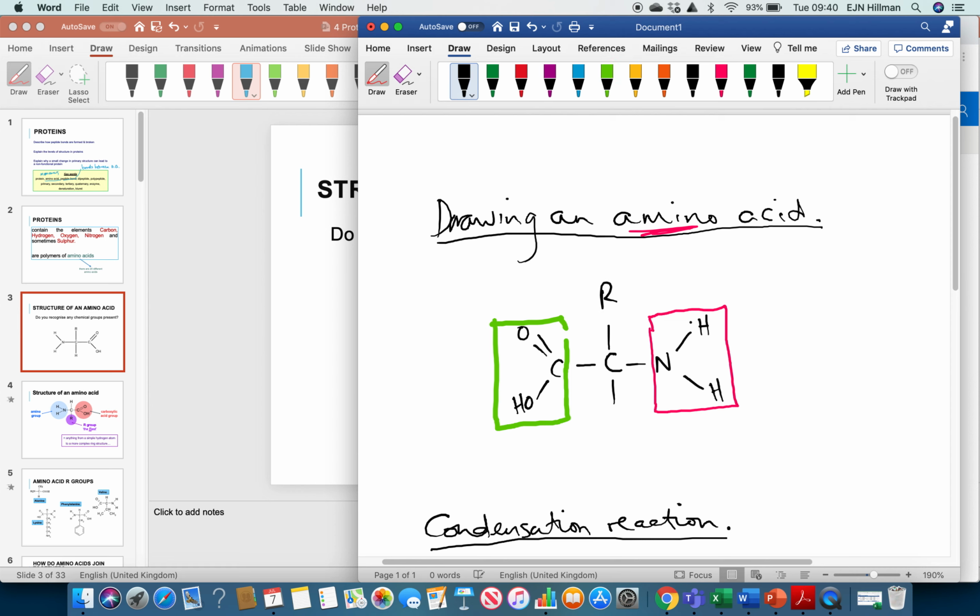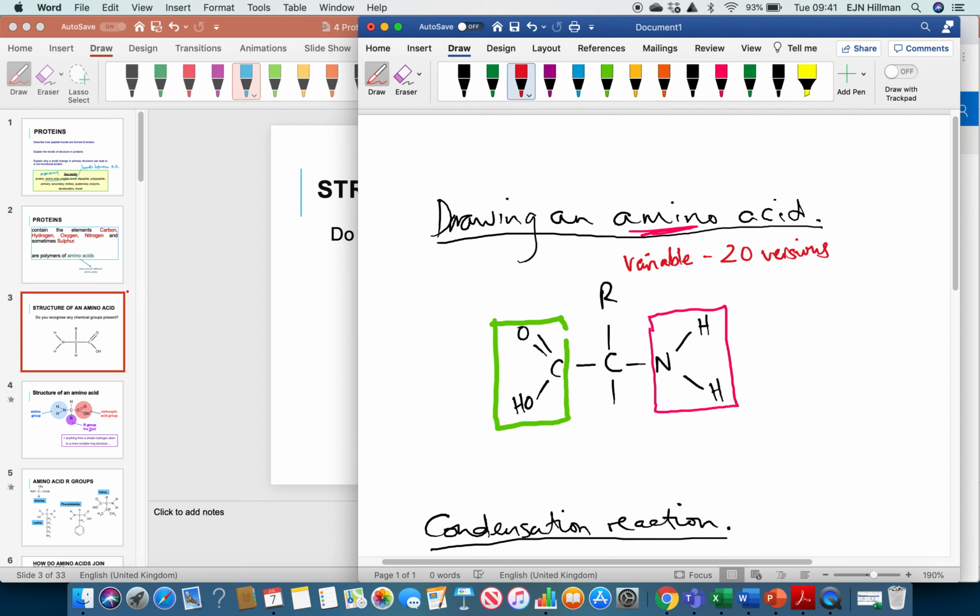There is an R group. Now that R group is a variable group, sometimes referred to as the functional group. And for that variable group, there are 20 versions of the R group.